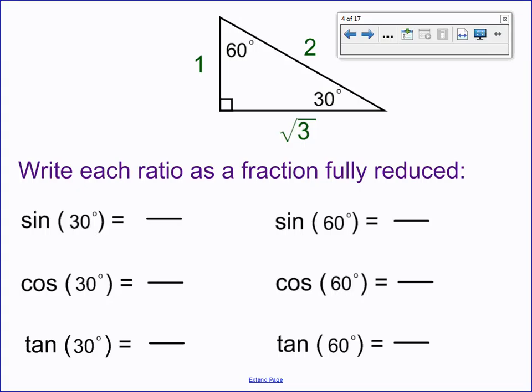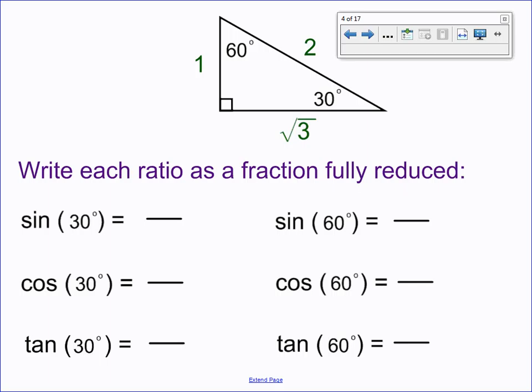Remember, our sine, cosine, and tangent are ratios. They're fractions. The sine is the ratio of opposite side length over hypotenuse. So go ahead and tell the class, what's the sine of 30 degrees in terms of side lengths here? What would that equal? Jacob?